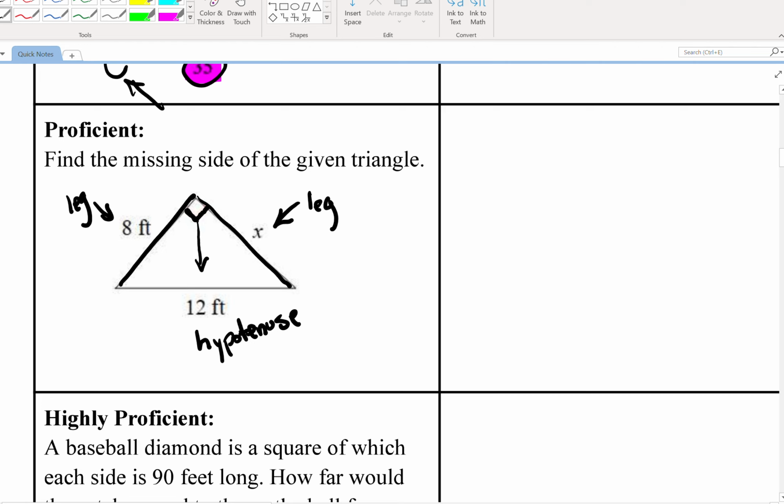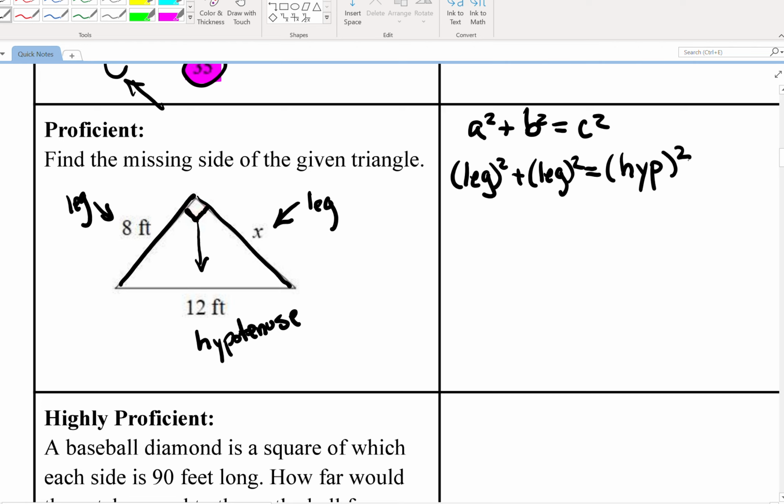And so when we talk about a squared plus b squared equals c squared, we're talking about the length of one leg squared plus the length of the other leg squared is equal to the hypotenuse squared.